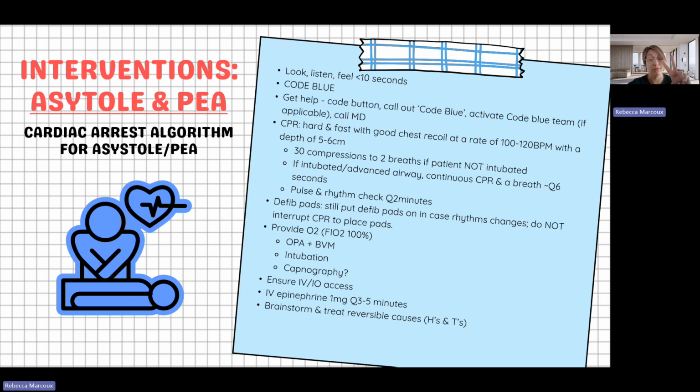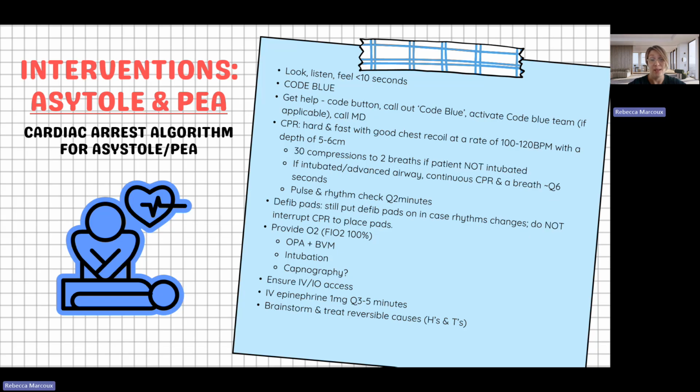We only have two defibrillatable rhythms, which are VF and pulseless V-tach. However, please still put the pads on in case the rhythm changes, and do not interrupt CPR to place the pads. As always, ensure we have IV or IO access.